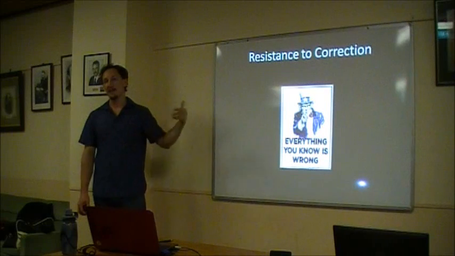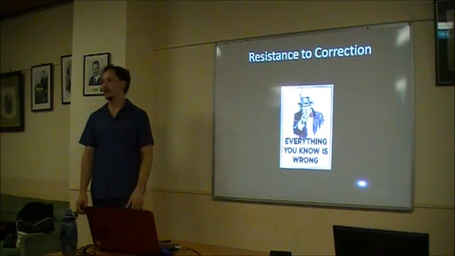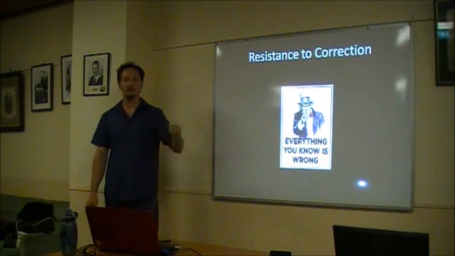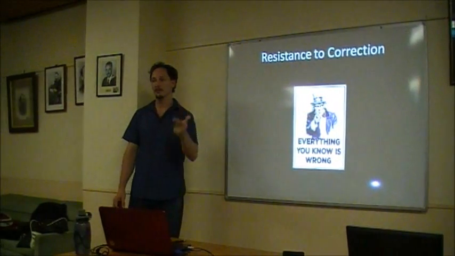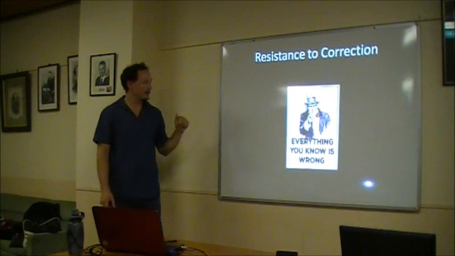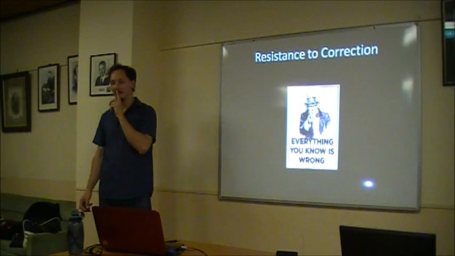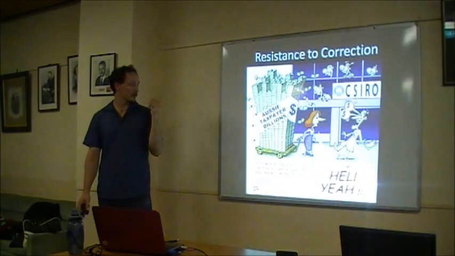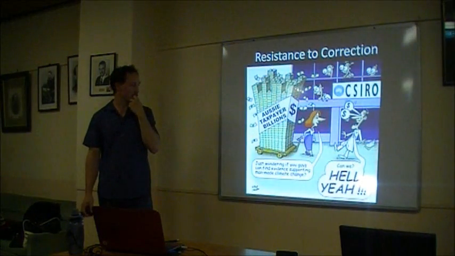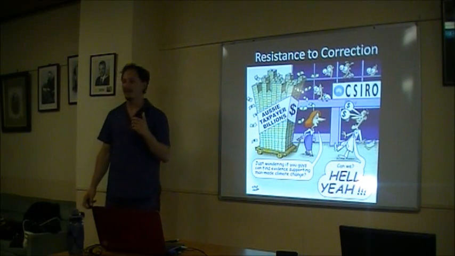And then ultimately, after they've done this research, we all have this confirmation bias resistance to correction. Once you've done a bit of research and you've seen different authors and different websites all agreeing with each other, you're pretty convinced. The example I've got here is the climate debate.